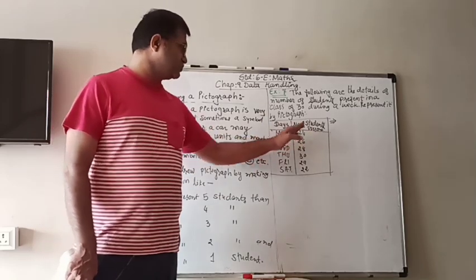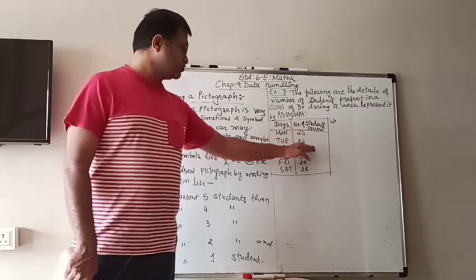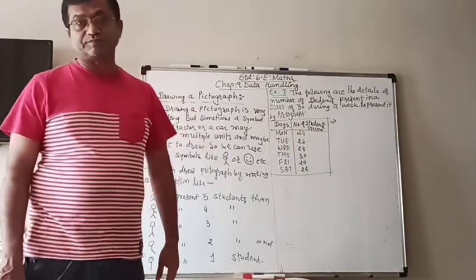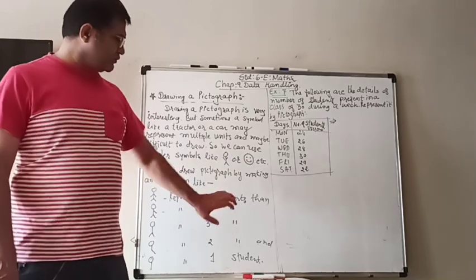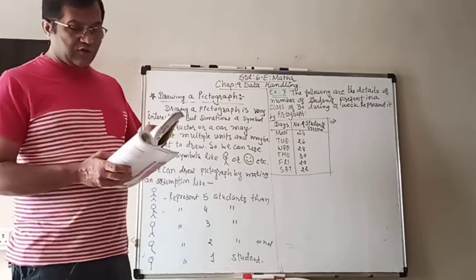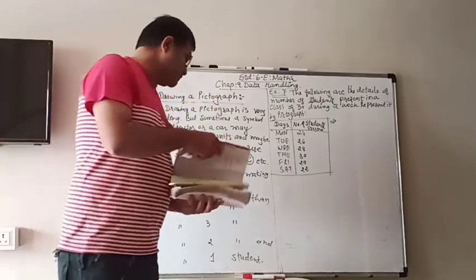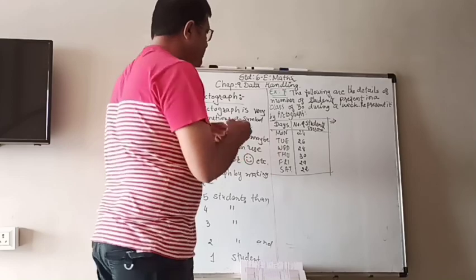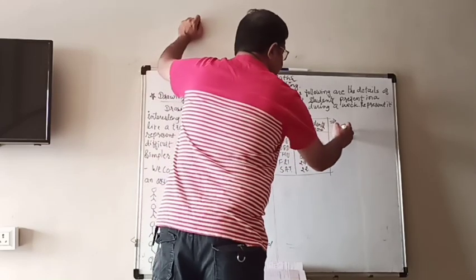Like Monday 24 students, Tuesday 26, 28, 30, 29 and Saturday 22. Now we can use the same strategy and represent it.